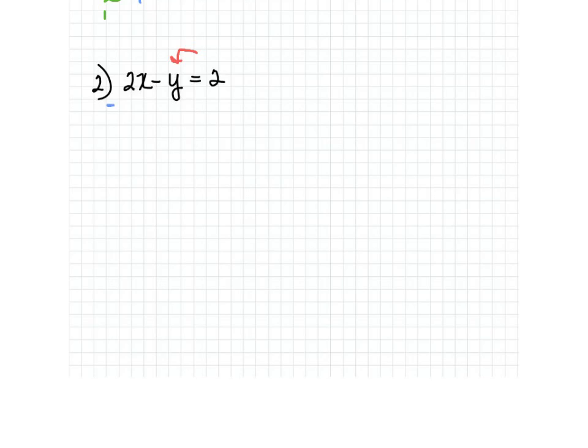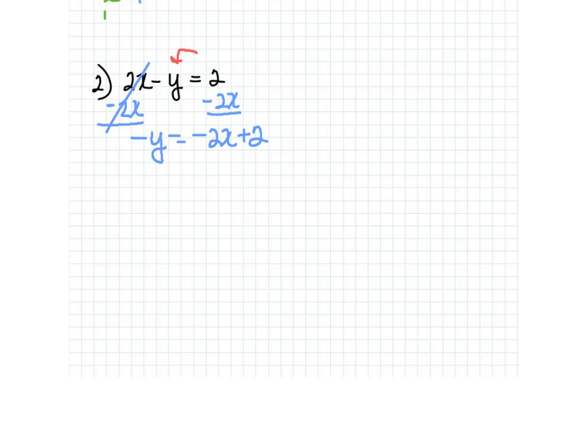The first thing I need to do is remove that positive 2x by subtracting it from both sides of the equation. So 2x minus 2x cancels out. I'm going to bring down the negative y equals negative 2x plus 2. We want them in that order, the variable term first and then the constant.